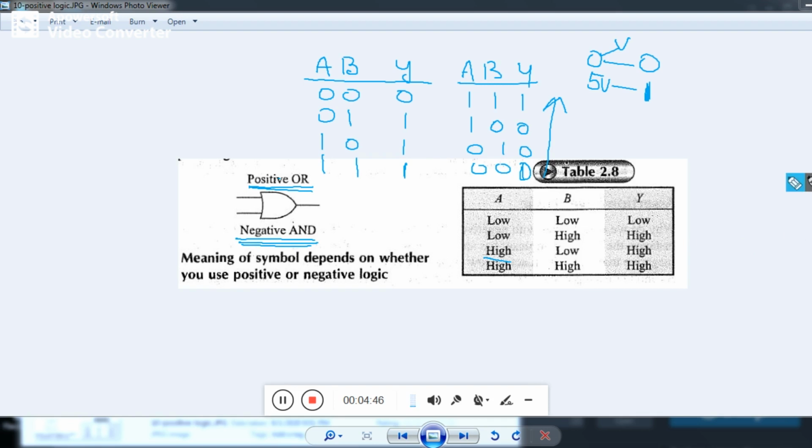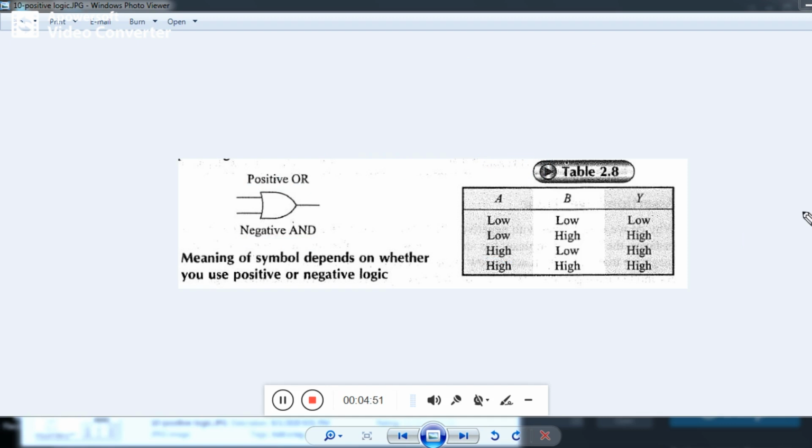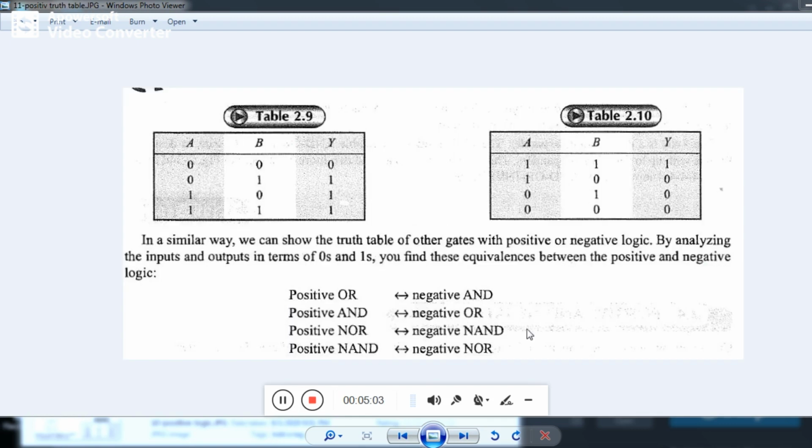Next, based on this positive logic and negative logic, we can prove the following four relations. What are the four relations?